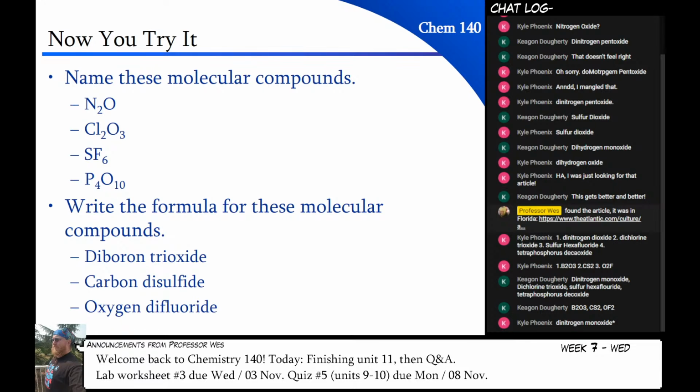All right, so here we go. When I do these, I just do one element and its number at a time. So this would be dinitrogen. And then I have one oxygen, so I'd go monoxide. And then Cl2 would be dichlorine.